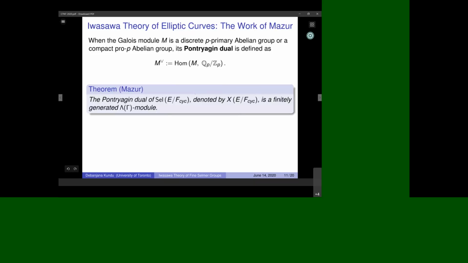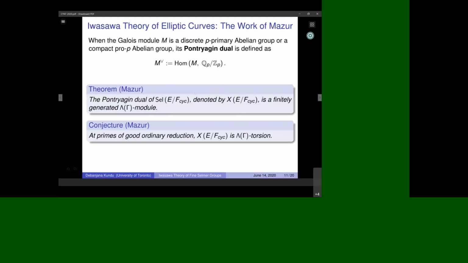What Mazur proved was that the p-primary Selmer group over the cyclotomic extension is a finitely generated Lambda(Gamma) module. Therefore, you have a structure theorem as before. And when p is a prime of good ordinary reduction, you actually expect that the rank r that was showing up to be equal to 0. So therefore, you can now define a mu invariant and a lambda invariant.